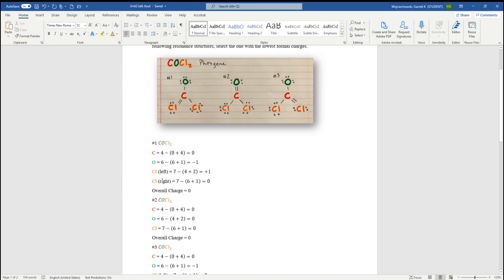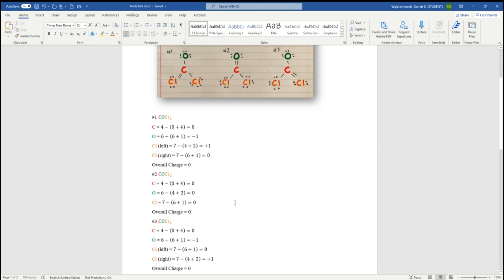So we can just do one spot right here for chlorine. 7 valence electrons minus 6 lone pair electrons or non-bonding electrons plus the 1 bonding electron for chlorine. 7 minus 7 is 0. That brings us to our overall charge, which is also 0.